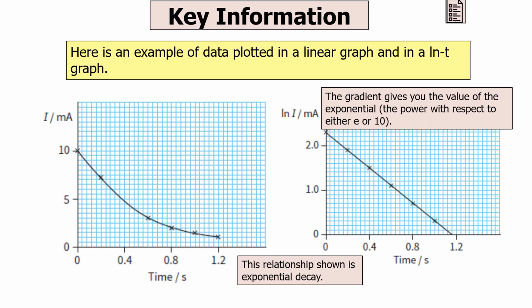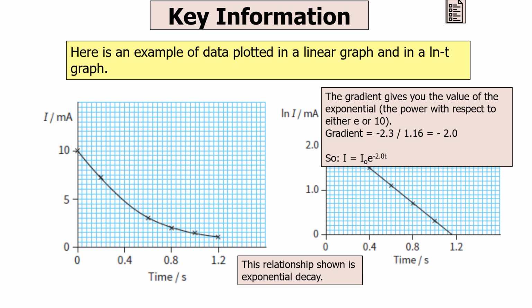And again, the gradient will give you the value of the exponential, the power with respect to either e or 10. So again here, the gradient is equal to minus 2.3 over 1.16, so therefore it's equal to minus 2.0. So if we put that into the equation, we can say I equals I0 e to the minus 2t.